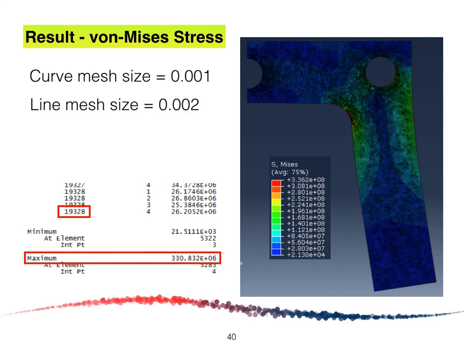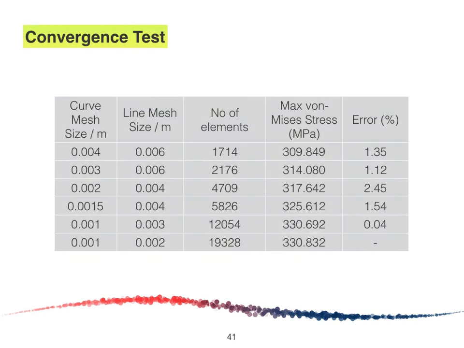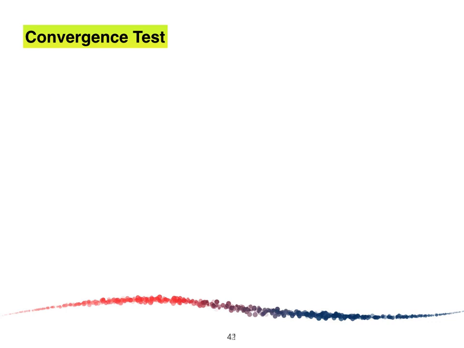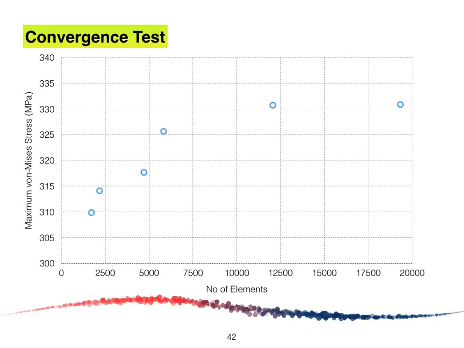So I'm going to summarize in a table, and I found out that for the last two rows, the error between them is around 0.004%. This is quite small. Therefore, I'm going to plot it in a graph. In this graph, there are 6 different points, obtained from the solutions which you have done earlier.